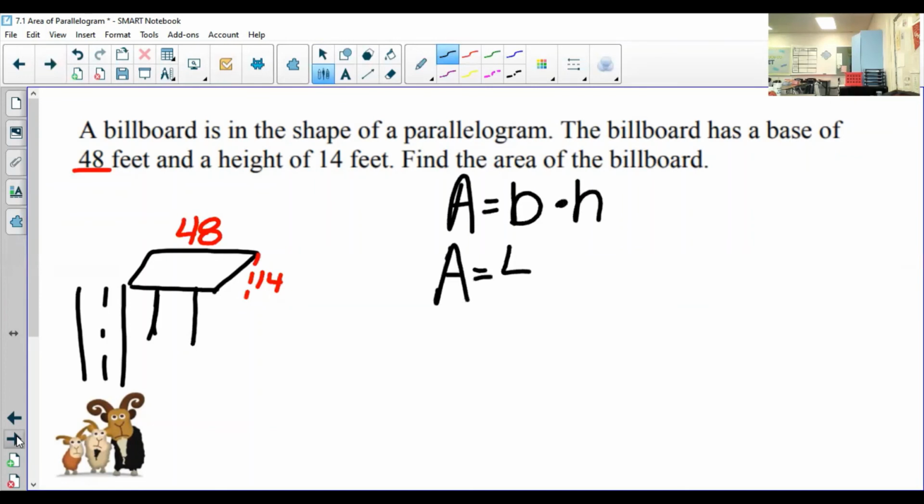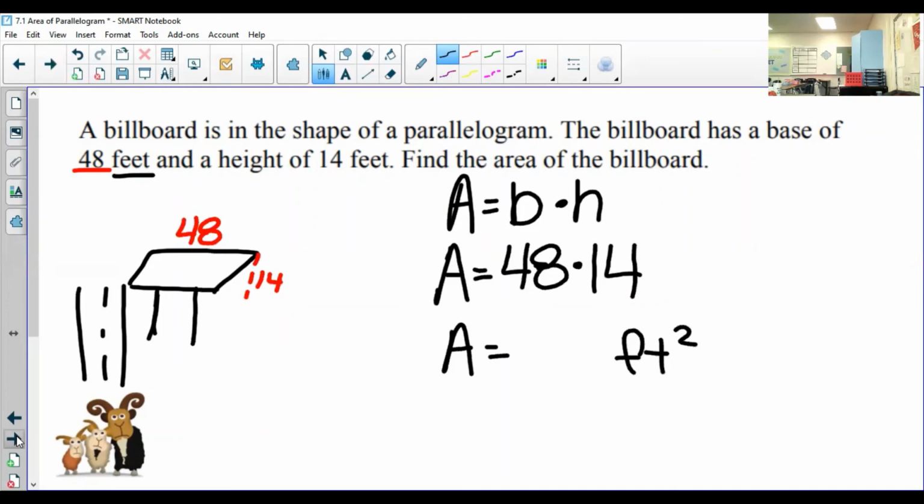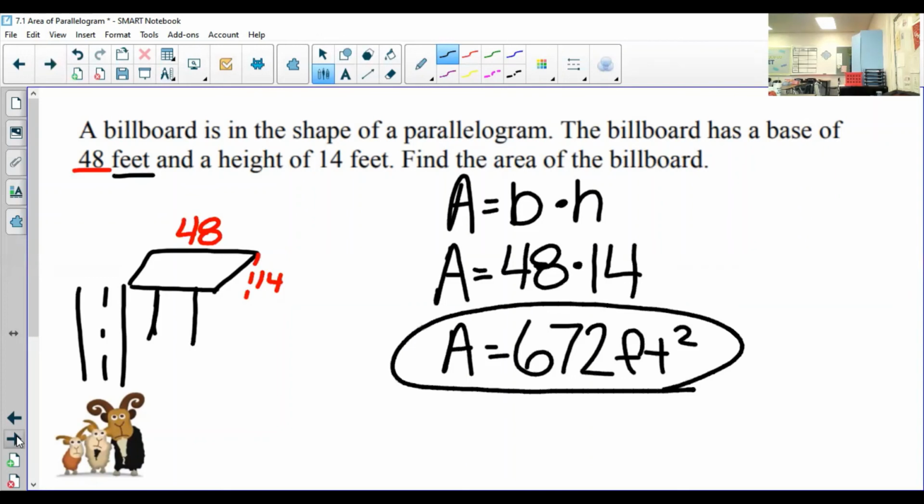The base is 48, and my height is 14. Okay, these measurements are in feet, so my final answer will need to be feet squared. Okay, we're just going to do 48 times 14, 672 feet squared. That is the area of my billboard.